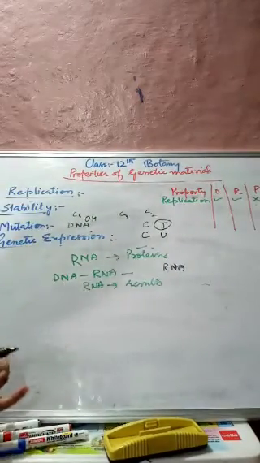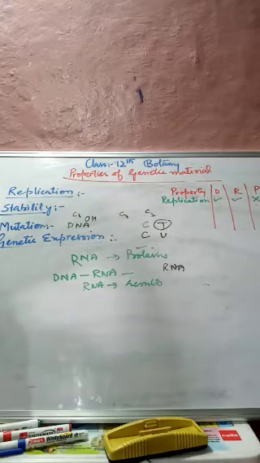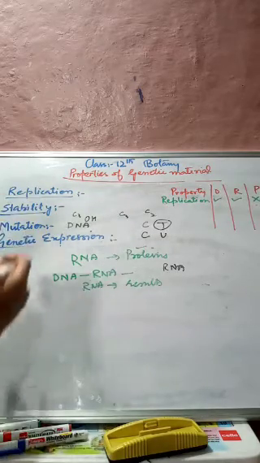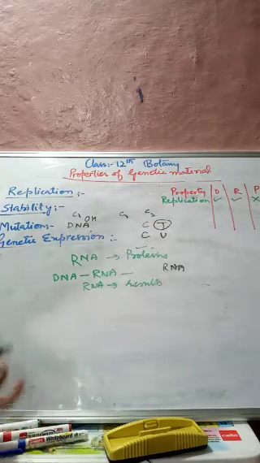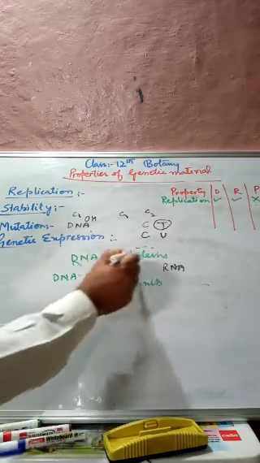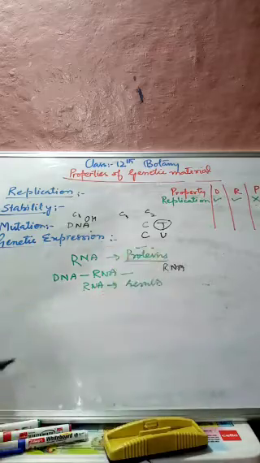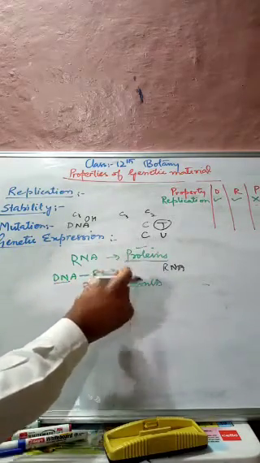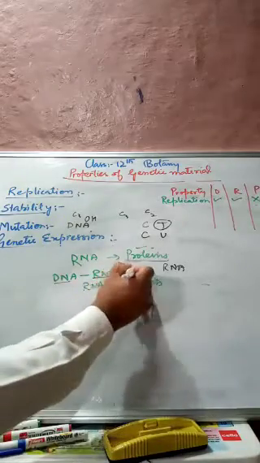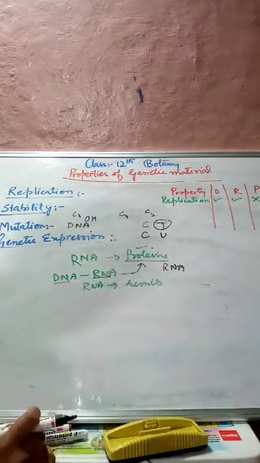Genetic expression: the genetic material must express itself. RNA expresses the characters easily in the form of proteins. DNA requires RNA for the formation of these proteins.